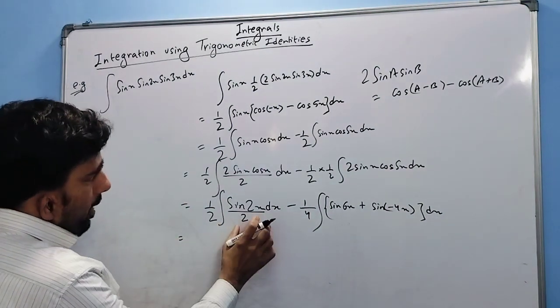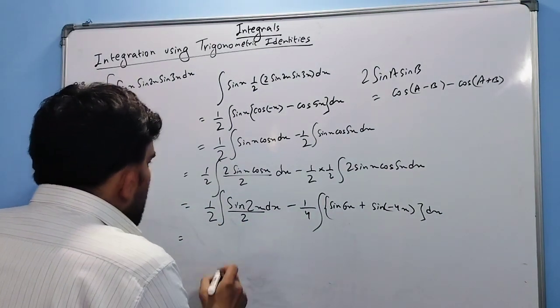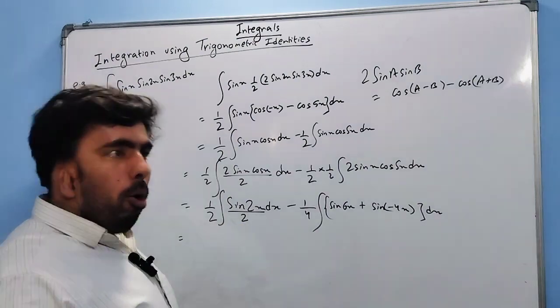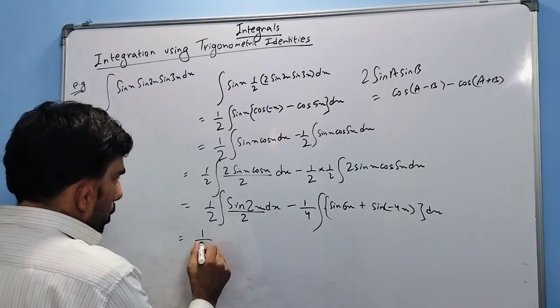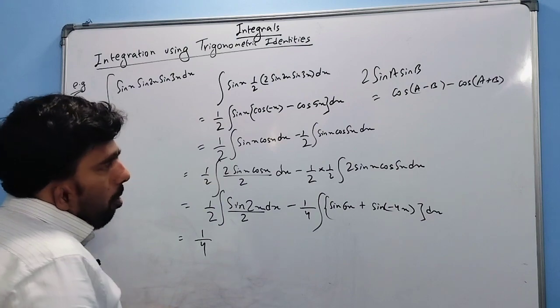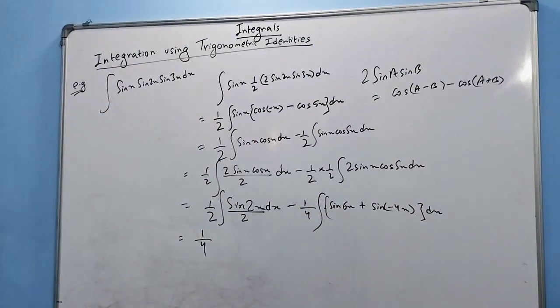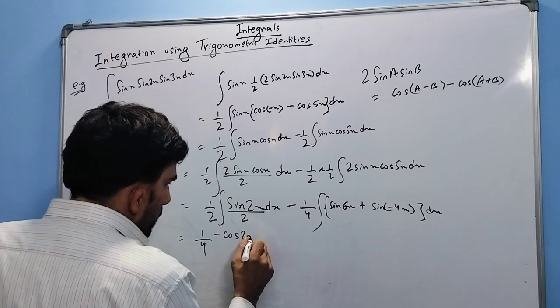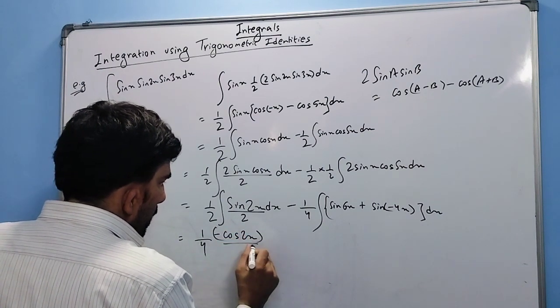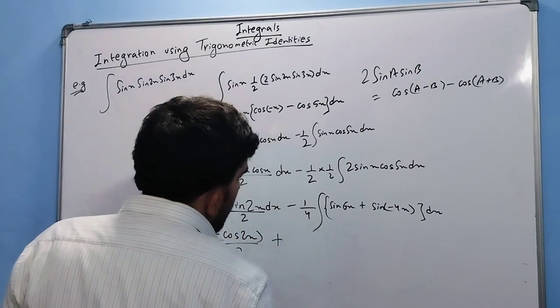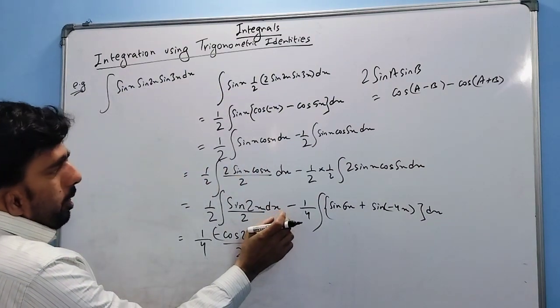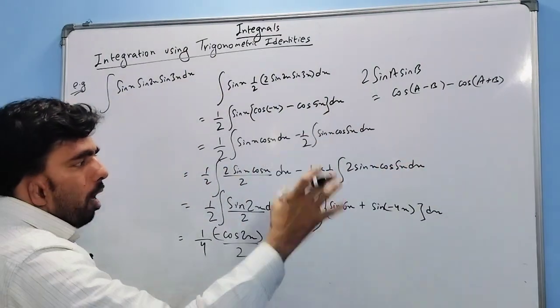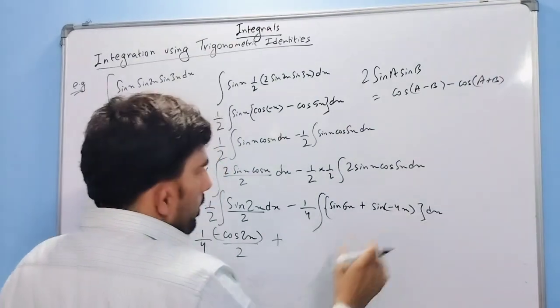So now integrating sin 2x, what will happen? Take 1 by 2 outside. So I'll get here 1 upon 4 and sin 2x will be minus cos 2x by 2. I will not put c here, I'll put it after solving this.